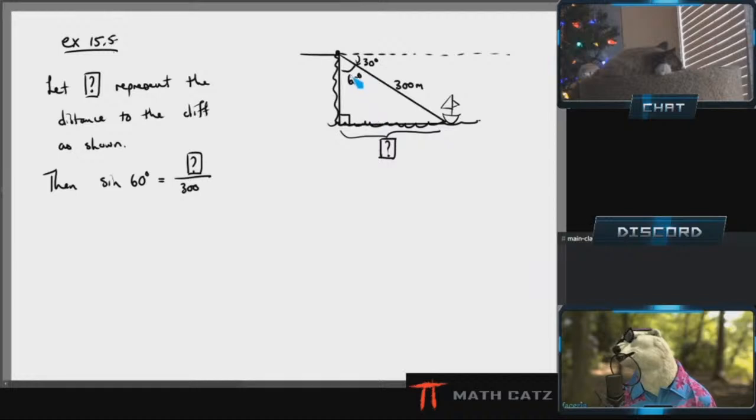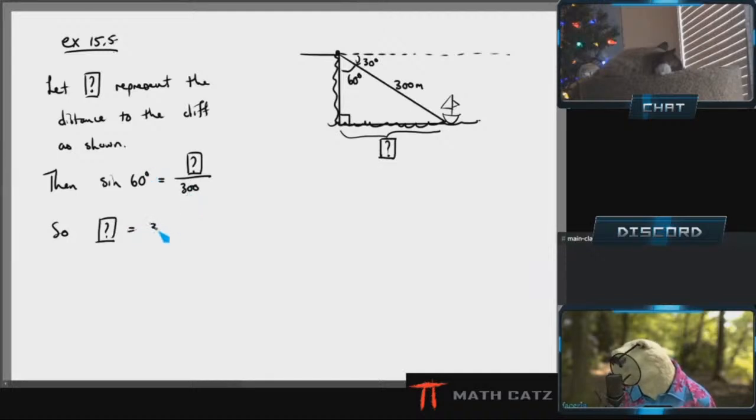Again, if you pick the other angle, it'll be different because the sides will be relative to that angle. But that's the one I pick, so I use a sine function. So that's my equation that describes the relationship between the quantities that are involved.